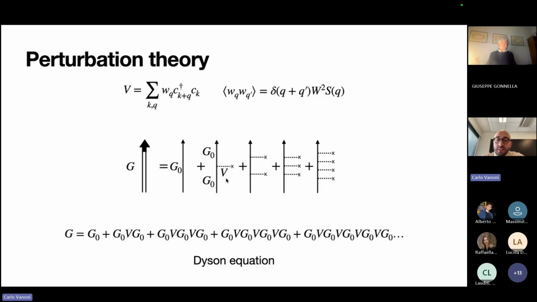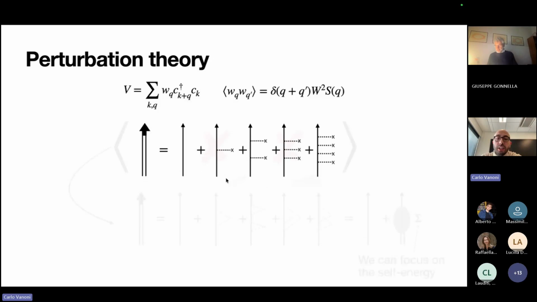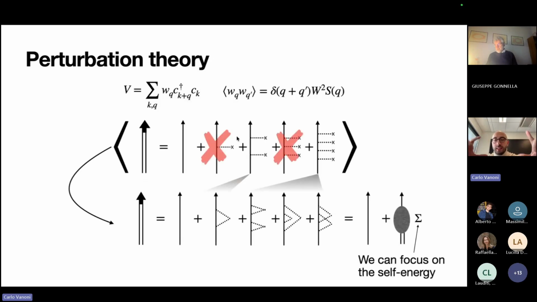But since it's a disordered system, eventually you will have to take the average. And so when you make the average, since these quantities have 0 mean, all the diagrams in which you have an odd number of potential insertions will be 0. And the others will be paired because of the delta functions that you have here.